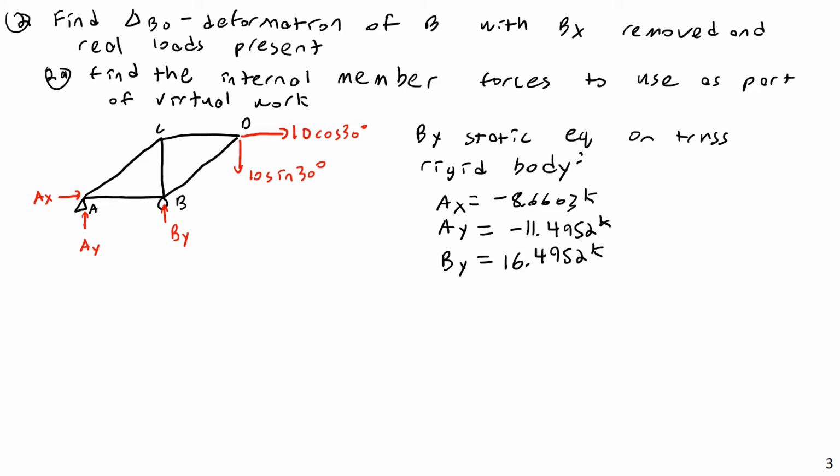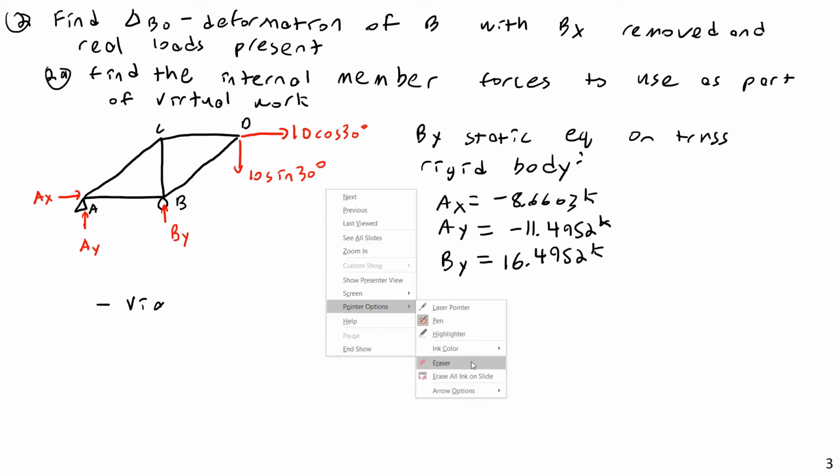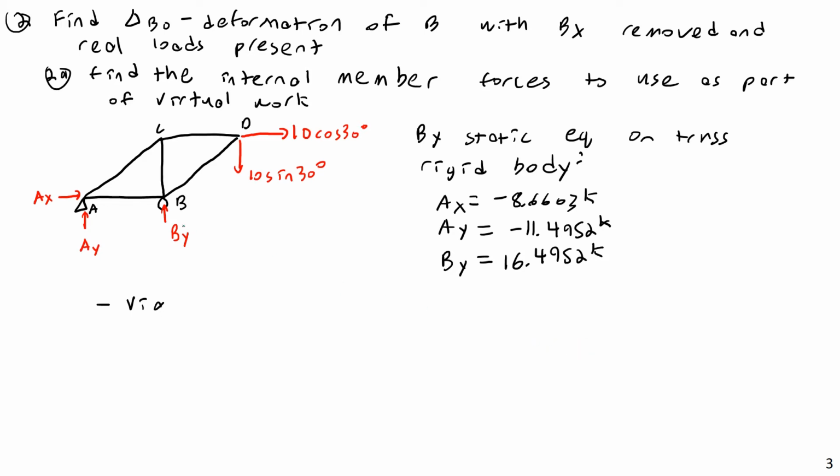So now I wanted to get the forces in members AB, AC, BC, CD, and BD. And I did that via method of joints. I just worked through one joint at a time. Also, you would want the dimensions on here for this, so I'm going to keep writing those as I go.